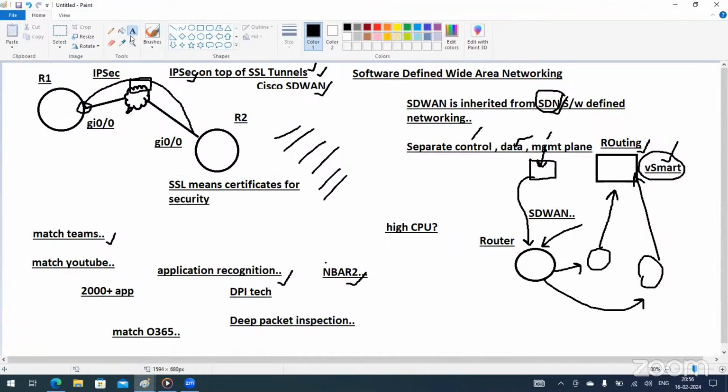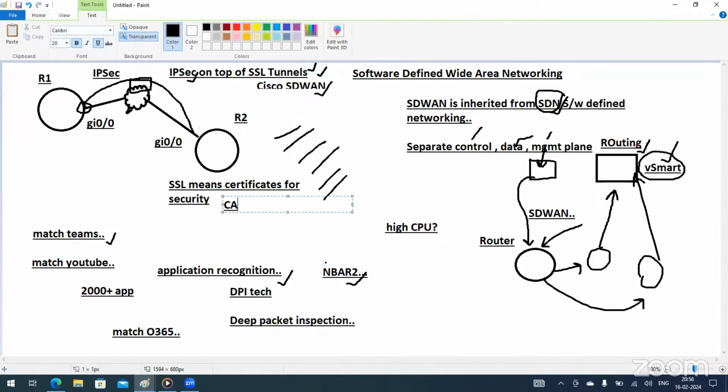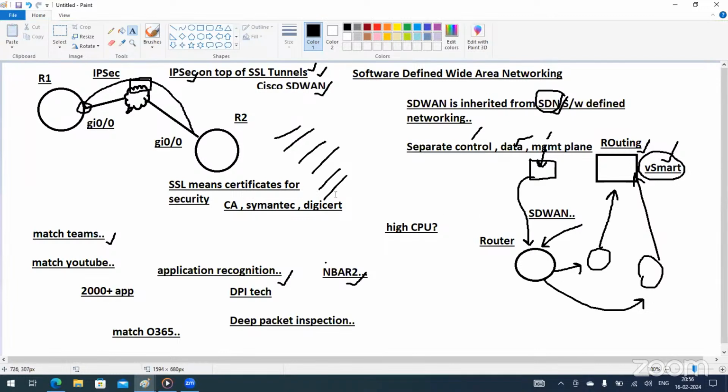So all devices in SD-WAN must be certified from a certificate authority, CA, like Symantec or DigiCert. All devices, controllers and devices, if any device is not certified from certificate authority, that device cannot take part in the SD-WAN.